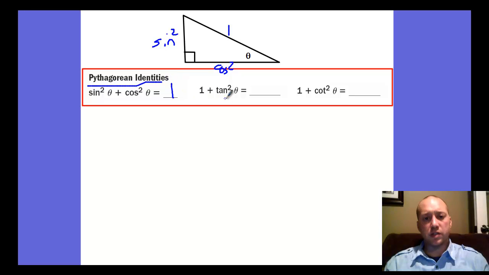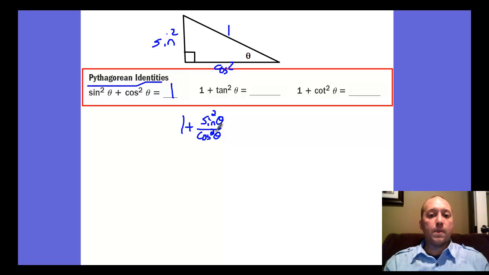But we also have some other ones here, that 1 plus tangent squared equals... Now, if I think about tangent, tangent is sine over cosine. Now we're doing tangent squared, so this means sine squared over cosine squared. Because this has a denominator of cosine squared, it's going to equal the ratio that has a cosine squared in the denominator.